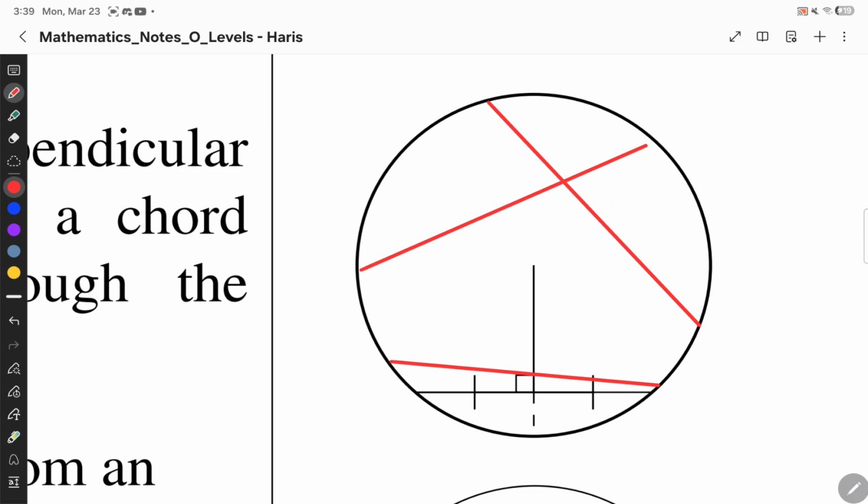If a radius cuts this into two parts equally, instead of thinking of the bisector of this, you can think of the radius being drawn to cut it. It will cut it into two equal halves always. So you can trust me on this one, it will cut it into two equal parts.